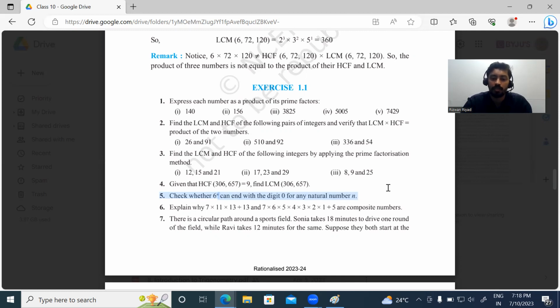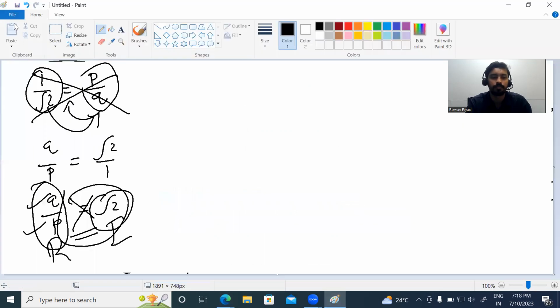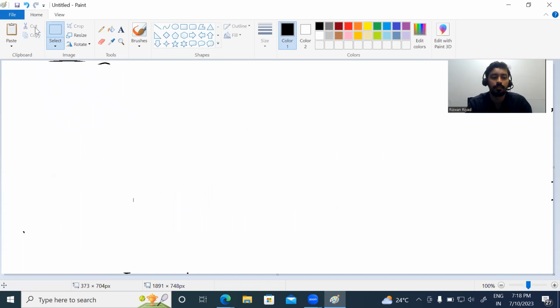Let's solve this. We begin with 6 raised to n.